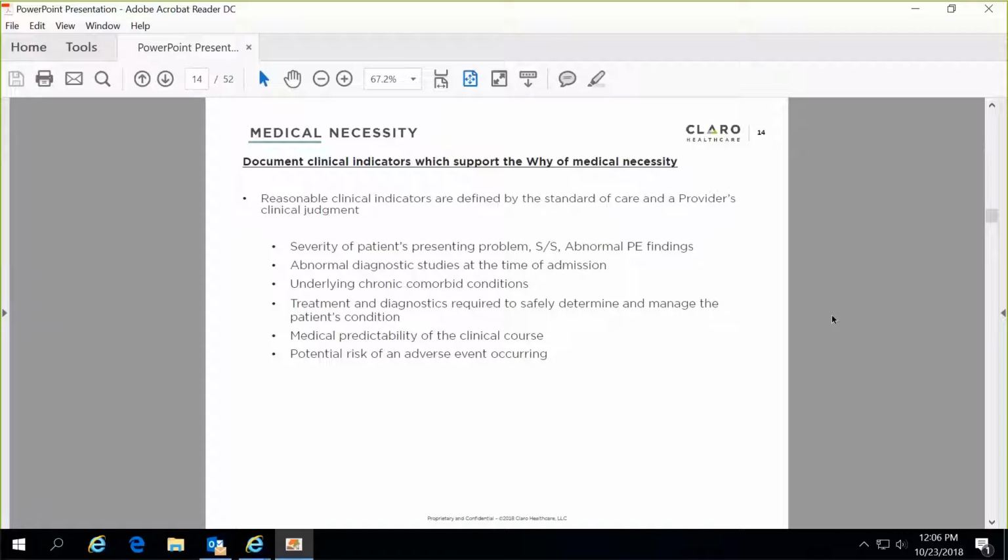They cannot pick up what you're thinking from that lab. So if you just put K as 5 or 6, we can't code that as hyperkalemia. And with diagnostic tests, if you're finding things on diagnostic tests, that's not a treating physician, so we will not code out of that diagnostic test.